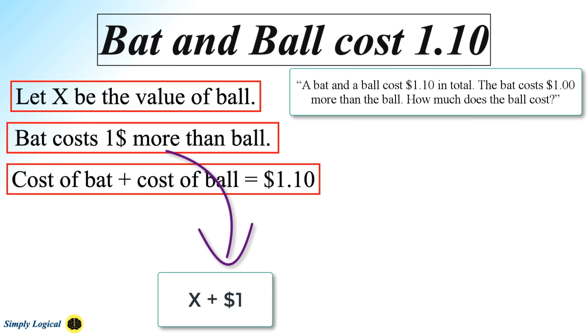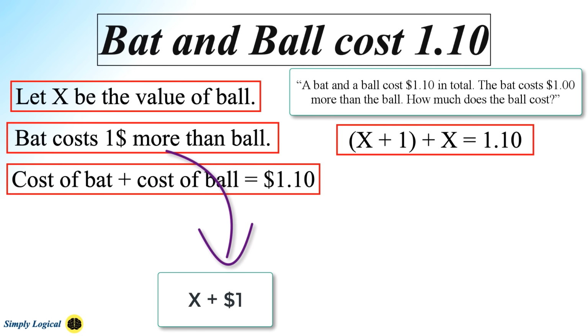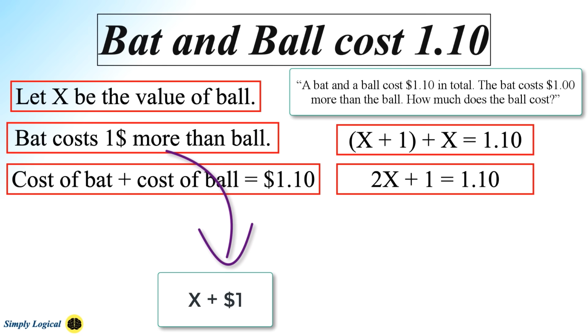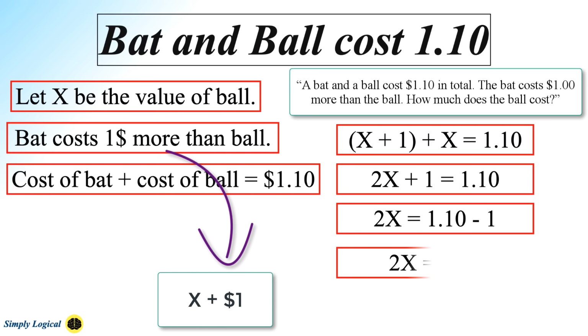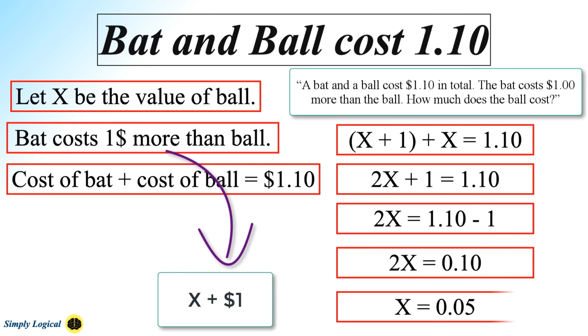The cost of the bat is x plus $1 and the cost of the ball is x dollars. So the equation becomes x plus 1 plus x equals 1.1. After solving, the equation becomes 2x plus 1 equals 1.1. After solving for x, the value of x comes to 0.05. Thus the cost of the ball is 5 cents and the cost of the bat is $1.05.